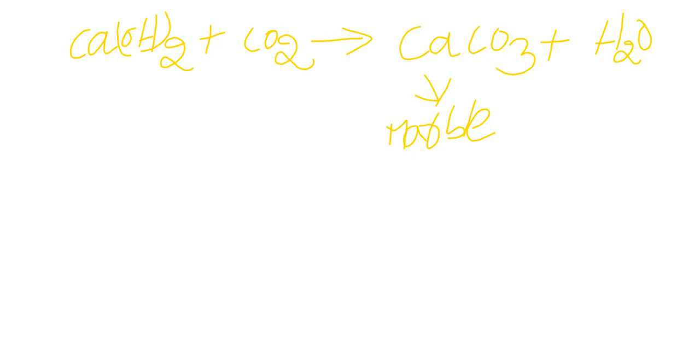Which substance is used to whitewash the walls? Calcium hydroxide, or slaked lime, is used to whitewash the walls. This slaked lime reacts with the carbon dioxide in the atmosphere. In 2 to 3 days, this converts into a new substance, CaCO3, and water is released along with it.